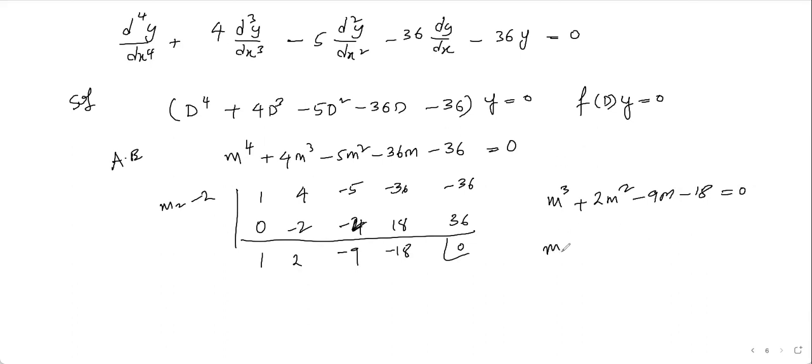Now again we got m as minus 2. So the coefficients of the above cubic equation are 1, 2, minus 9, minus 18. And again putting 0, add 1 and multiply by minus 2, adding, this is 0, multiplying, this is minus 9, and this is plus 18, again this is 0.